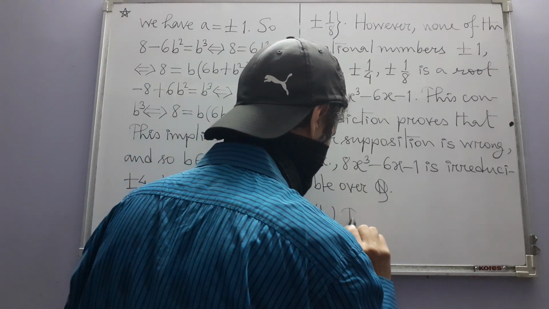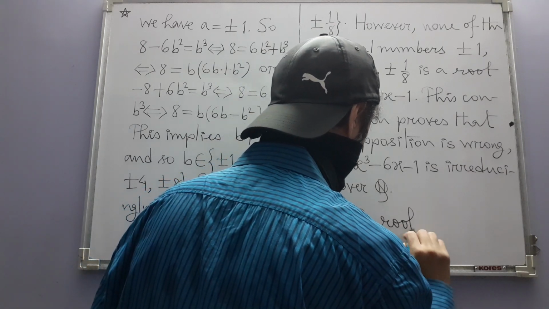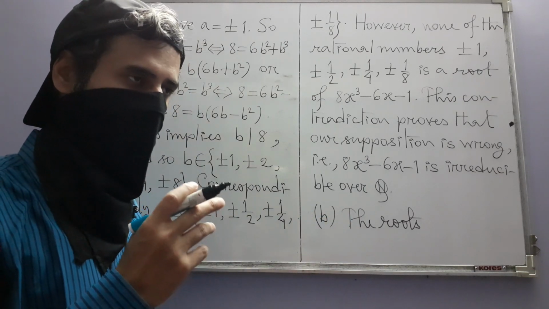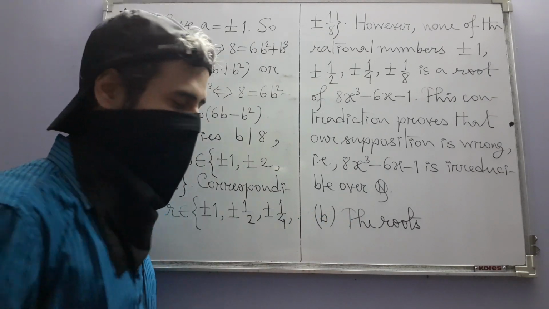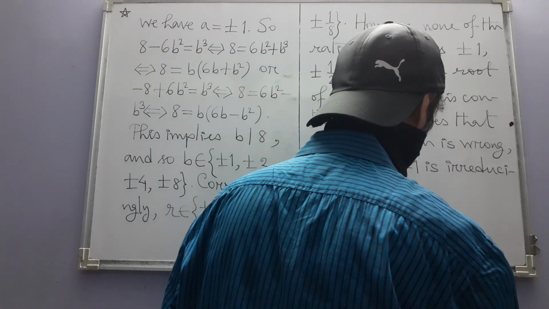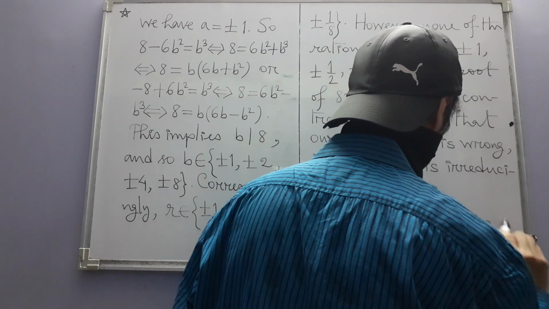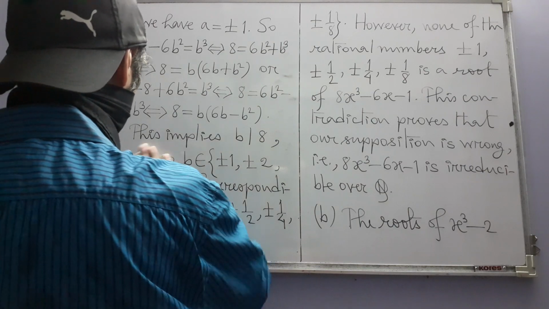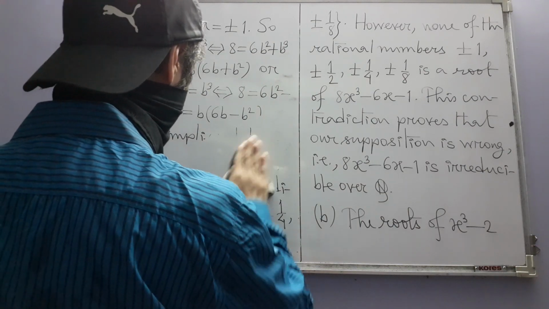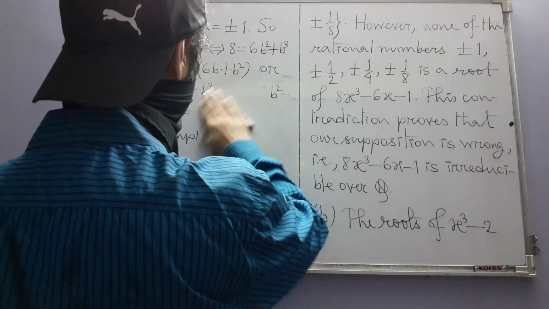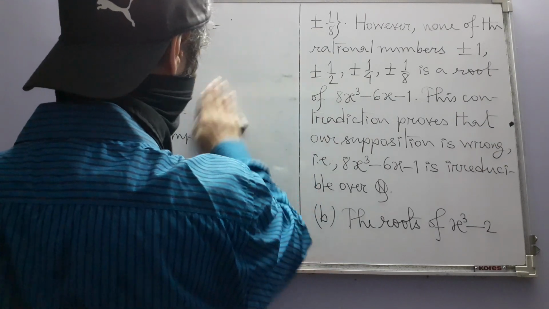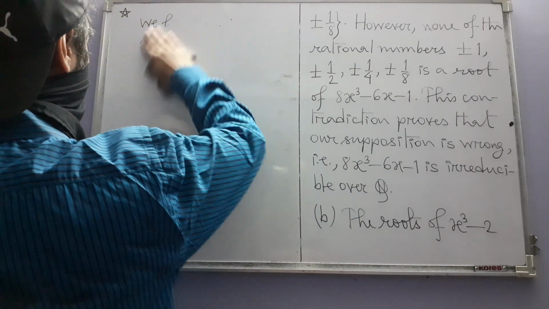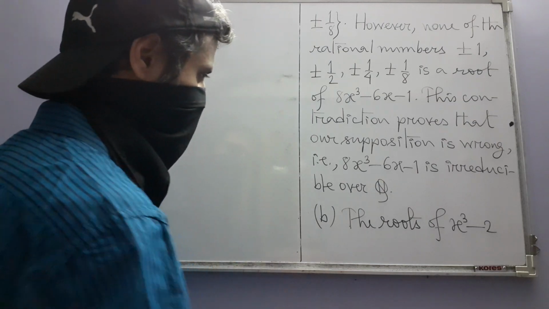The roots, and they can of course be written in terms of the complex cube roots of unity. In general, such a statement would be incomplete if we just simply write the roots of x cubed minus 2 are these.